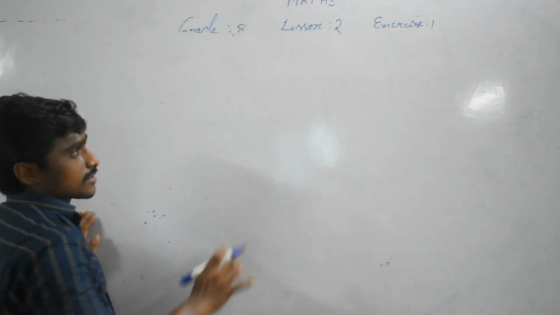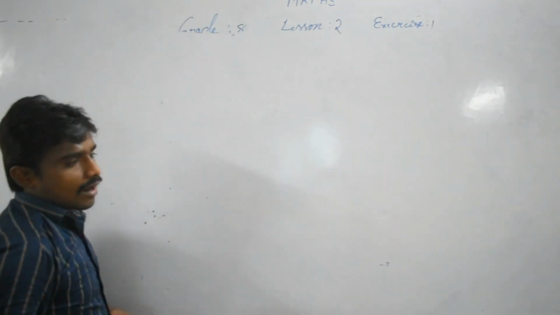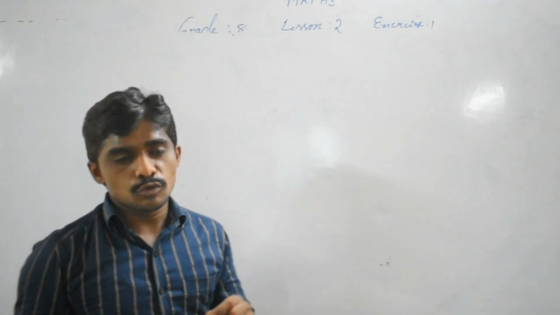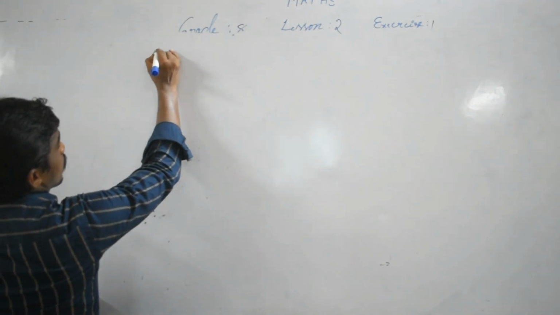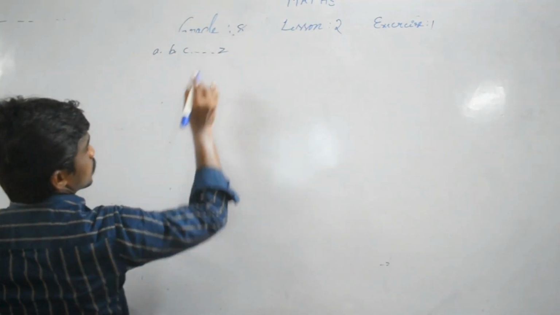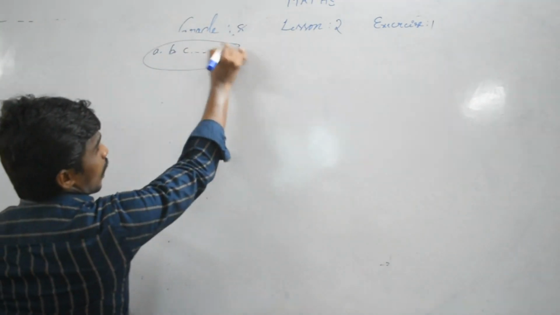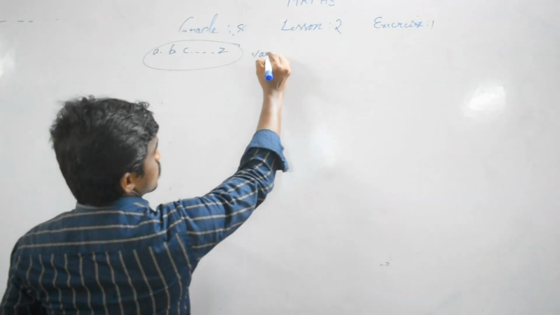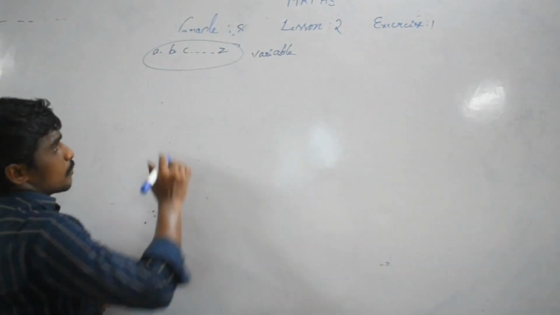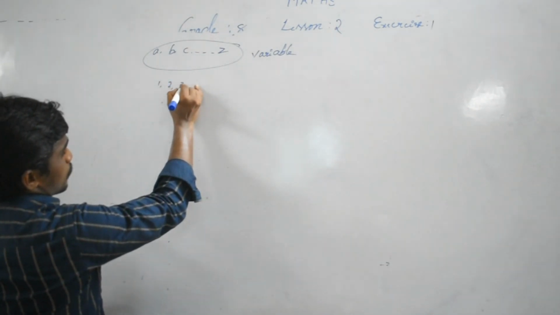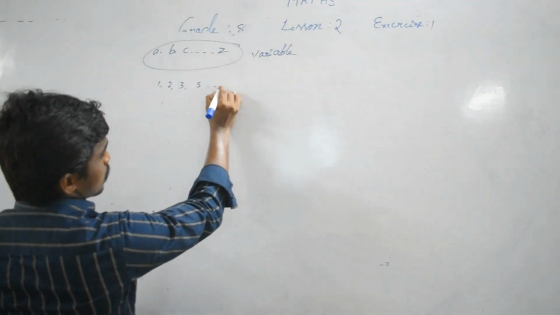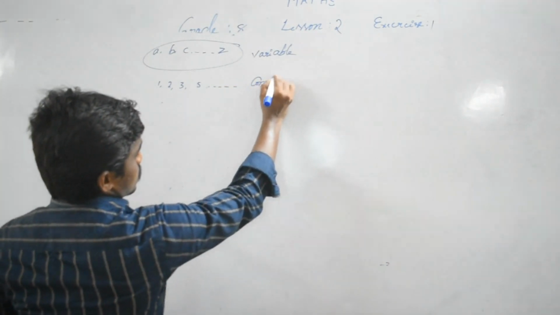In mathematics, the English alphabet letters A, B, C to Z are called variables. Constants are numbers like 1, 2, 3. These are called constants.